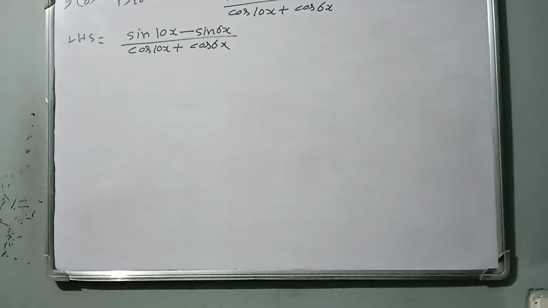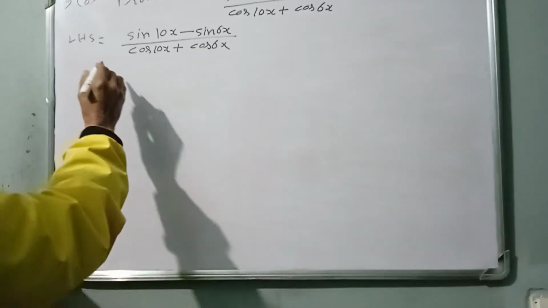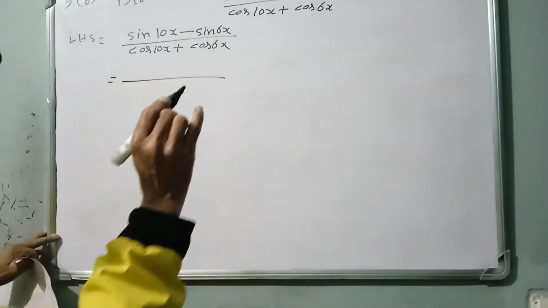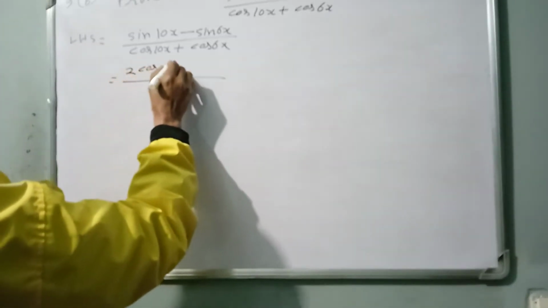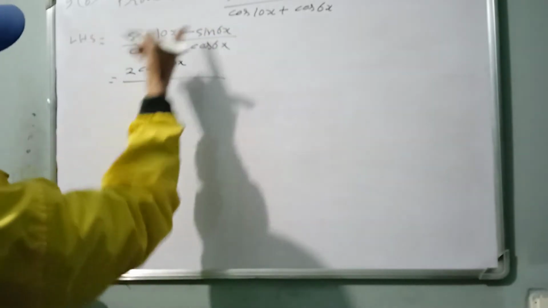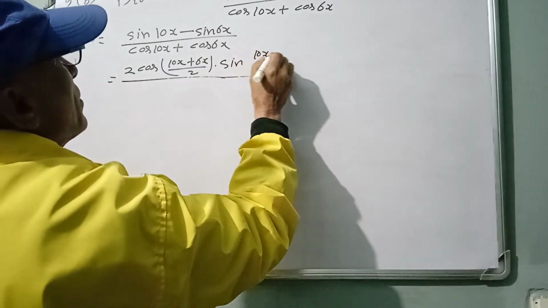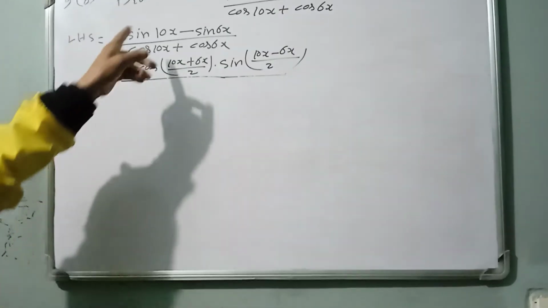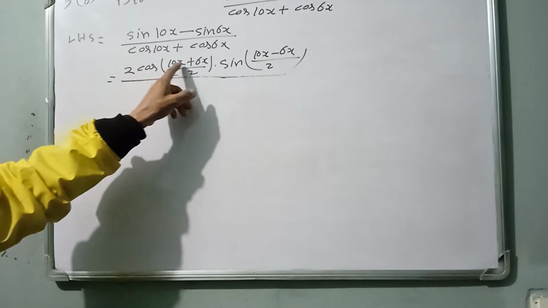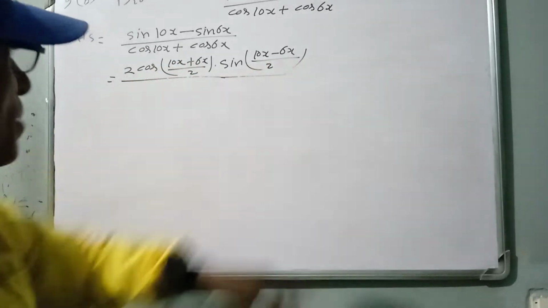Just remember the formula. Sin minus sin and cos plus cos. Sin minus sin, 2 cos sin. Sin A minus sin B, twice cos A plus B by 2 into sin A minus B by 2.